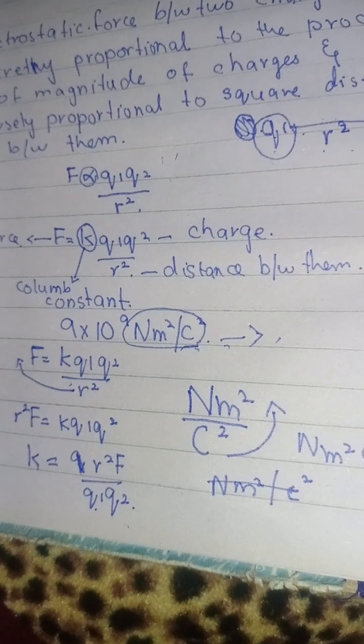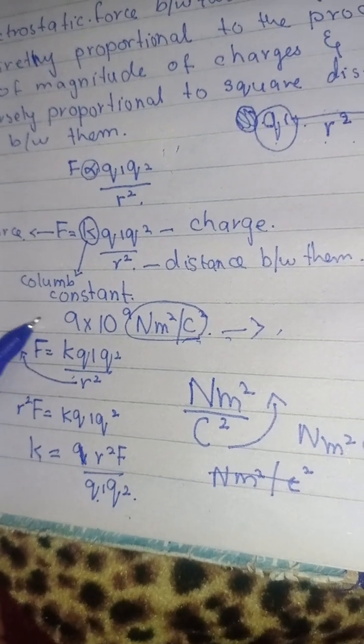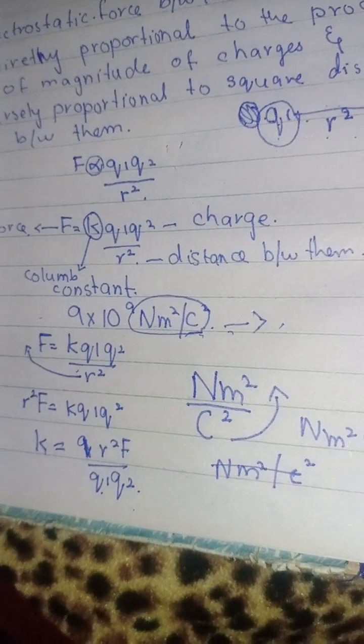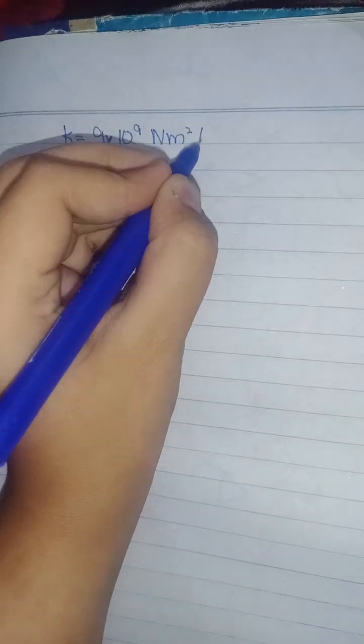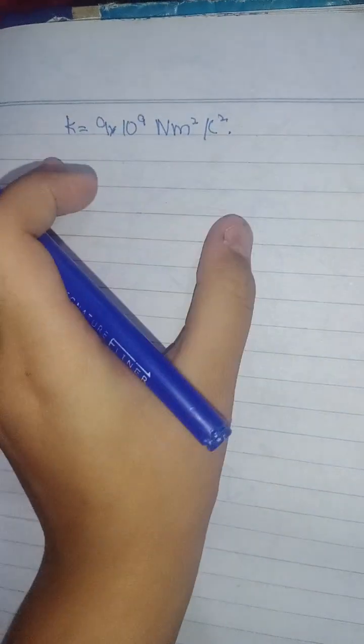Now let's see how this K value, the Coulomb constant value, comes. K is equal to 9 multiplied by 10 raised to power 9 Newton meter square per Coulomb square.